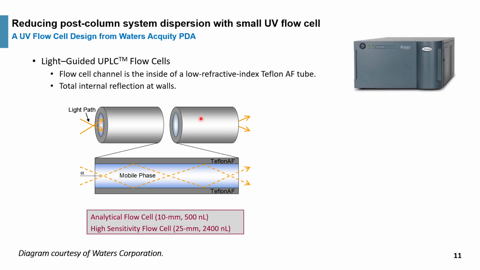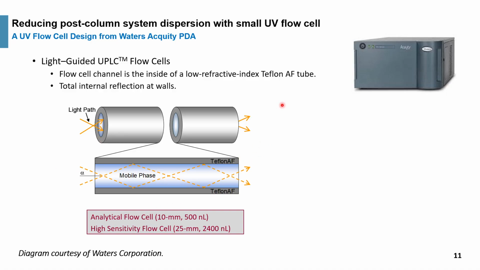And the way Waters achieved that in 2004 is to introduce a patented flow cell called the light-guided UPLC flow cell, where the flow cell is actually made from a Teflon tube, specifically a Teflon AF tube because of its low refractive index. So you can have a total reflecting flow cell, meaning that all the light in this very, very tiny flow cell is 100% totally reflected because of the low refractive index.